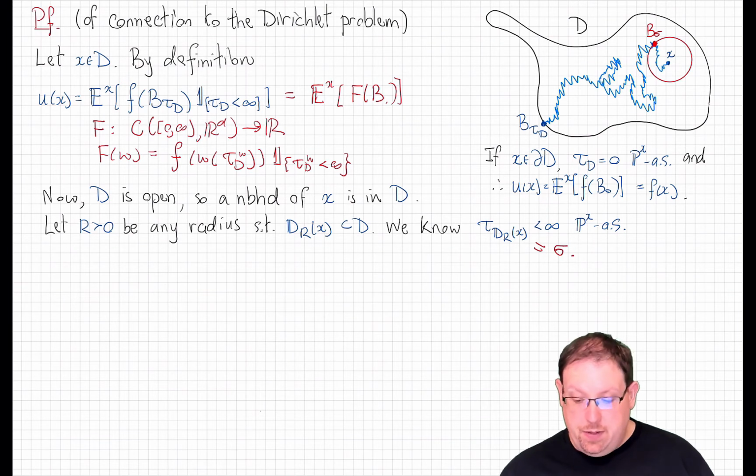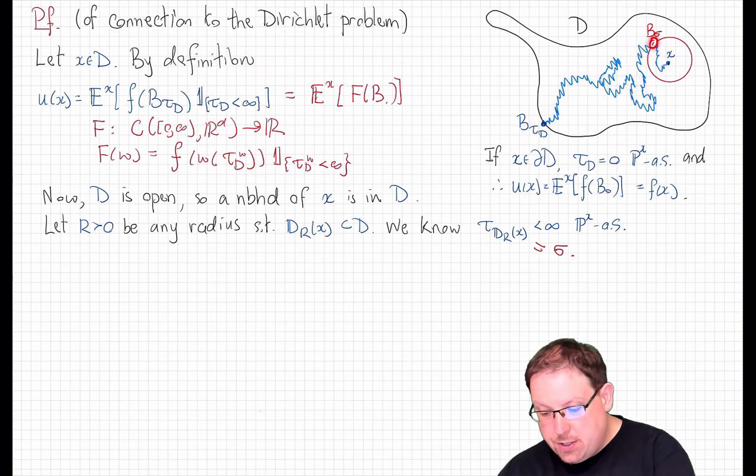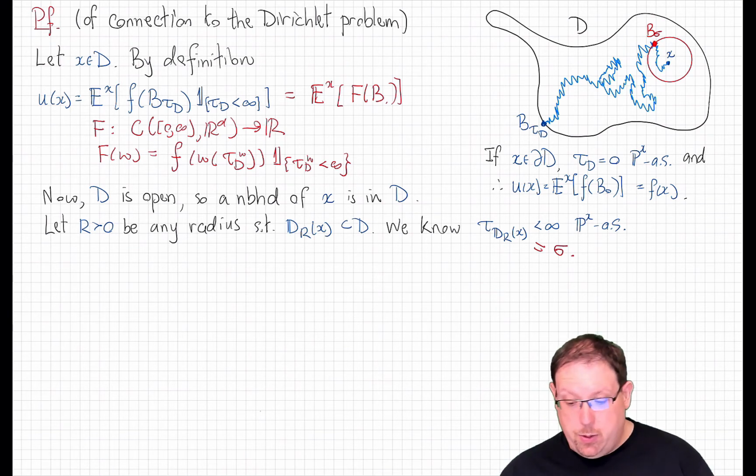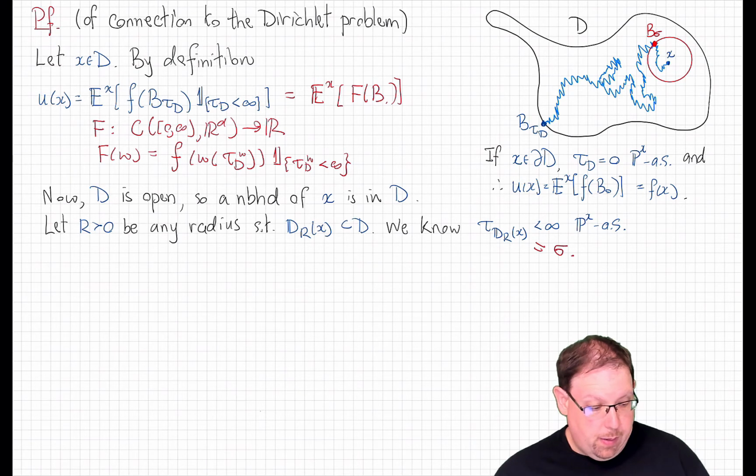The key observation that I want to make here is that from this setup, since this ball completely surrounds x and is contained in D, any path starting at x that exits D must first pass through the disk here. And that's where we're going to get our shift for the strong Markov property from.